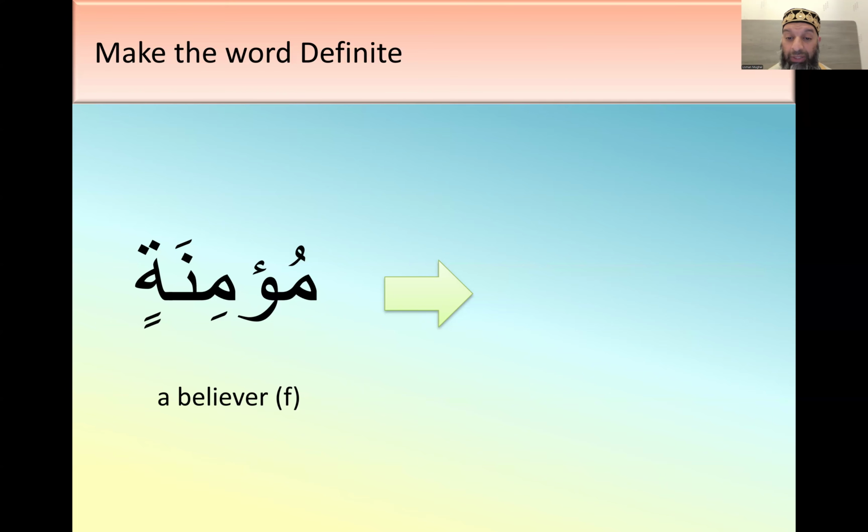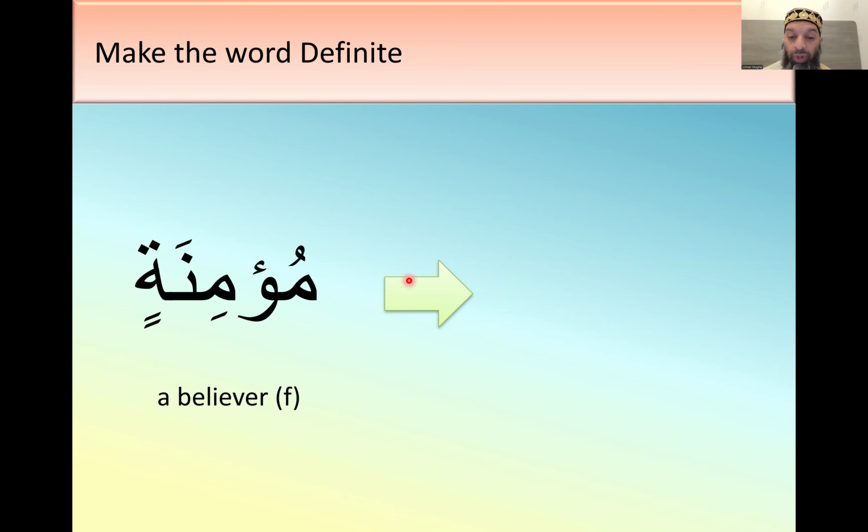Mu'minun was a male believer. Excellent. The ta marbuta came and made the masculine word feminine, especially when it's talking about a person, then the ta marbuta is talking about the woman. So mu'minatun, it could have been mu'minatan, but I chose here to write mu'minatin.